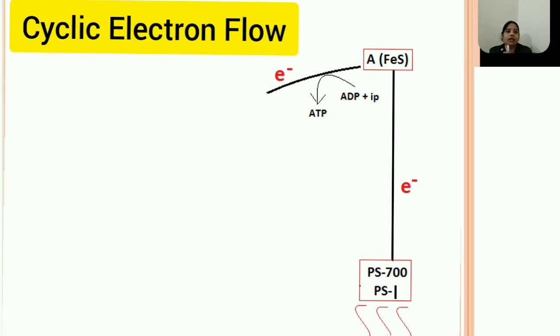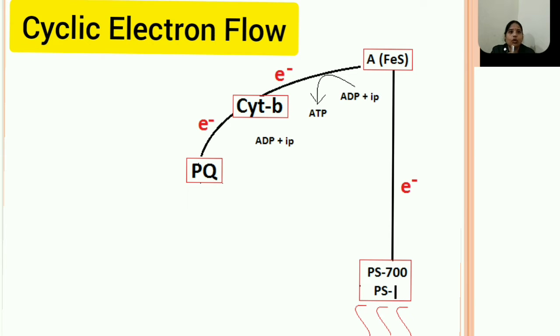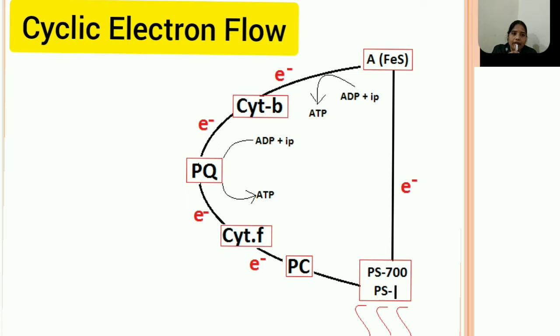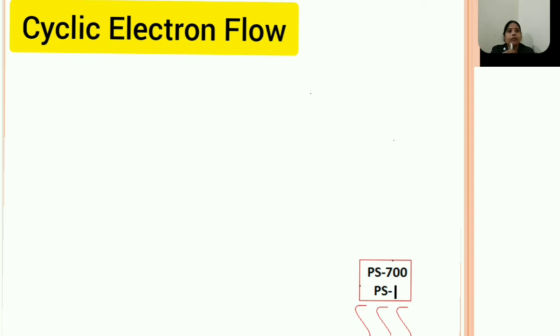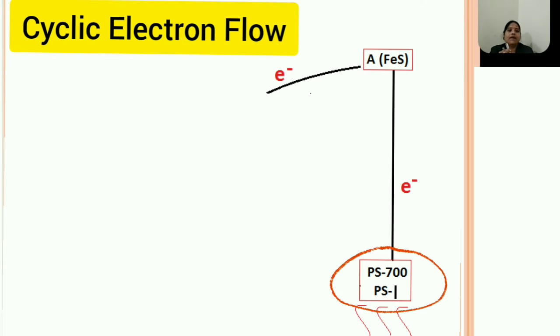is transmitted through ferredoxin, then to cytochrome b6, from cytochrome b6 to cytochrome f, and cytochrome f to plastocyanin, PC. From plastocyanin the electron returns back to the P700 chlorophyll a molecule.